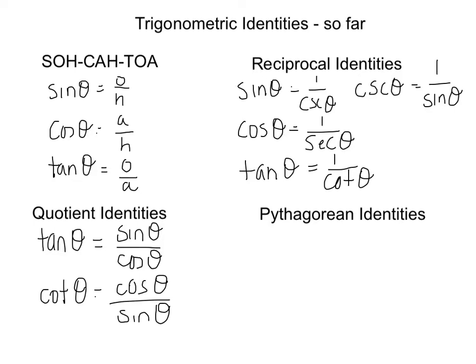The Pythagorean identities, there's actually 3 of these. The first one you're going to use more often. You can start it with either one, but I'll start it with cosine. So I have cosine squared theta plus sine squared theta is equal to 1. And then there are actually 2 others.